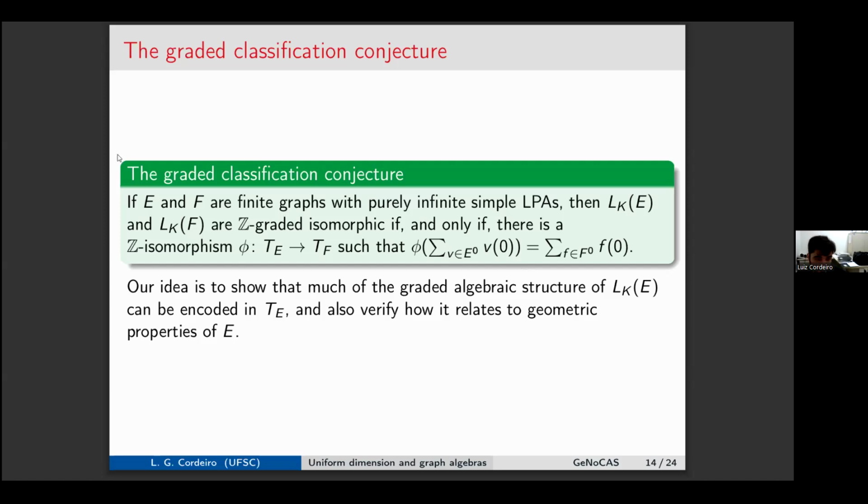So even though this question is still very much open as well, our idea is to show that, supposing that the conjecture should be true, much of the graded algebraic structure of the Leavitt Path algebra can be encoded in the Z structure of the talented monoid, and also verify how those relate to the geometric properties of the graph E.